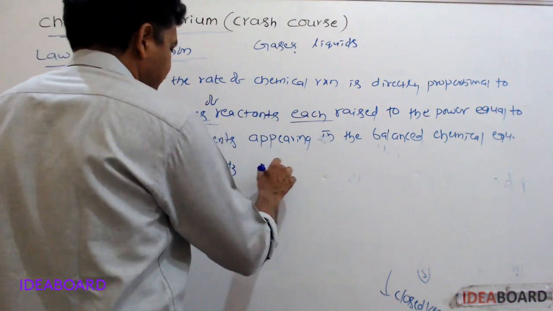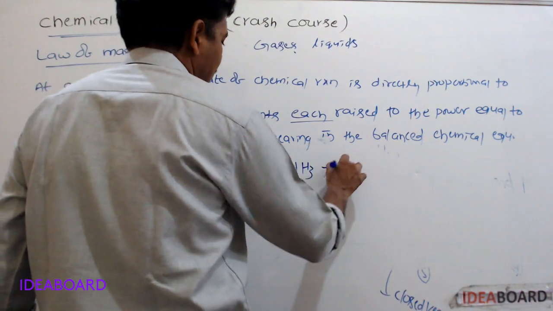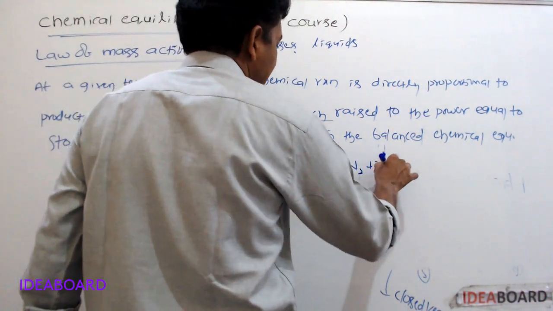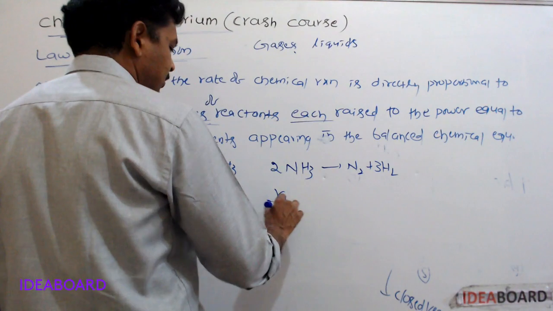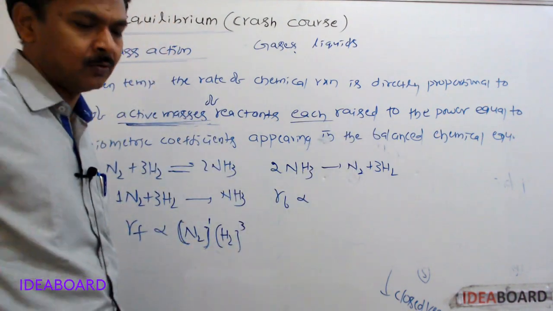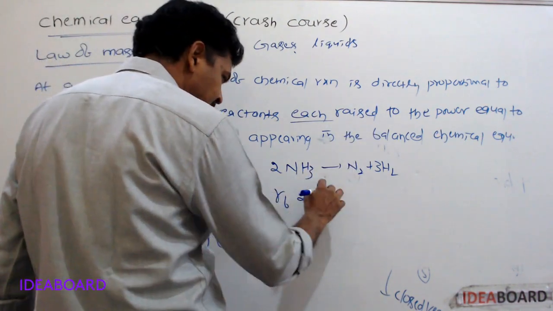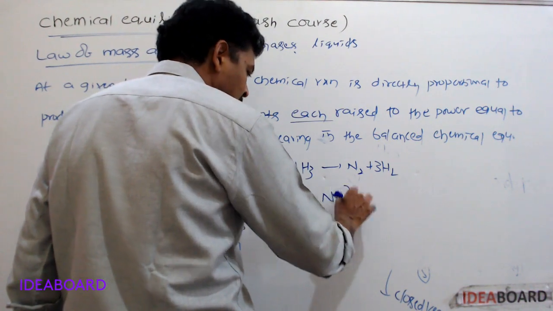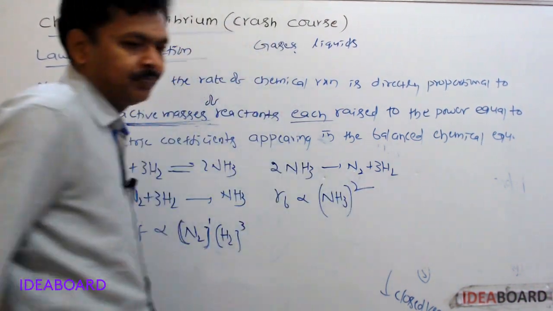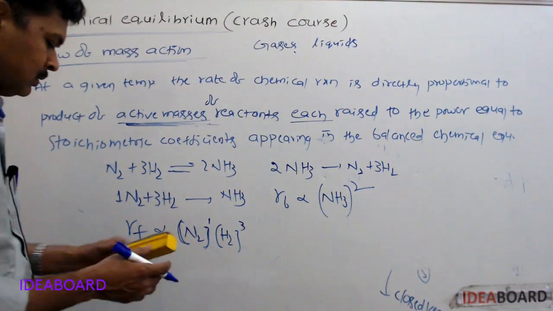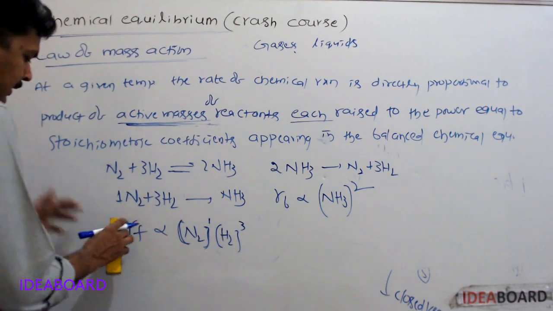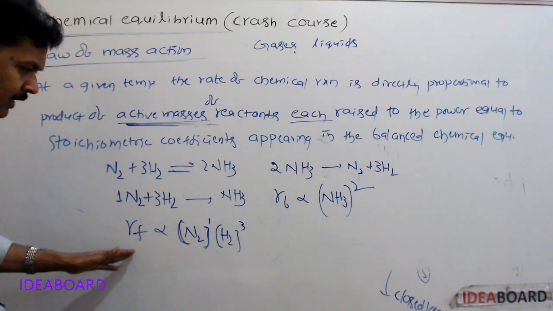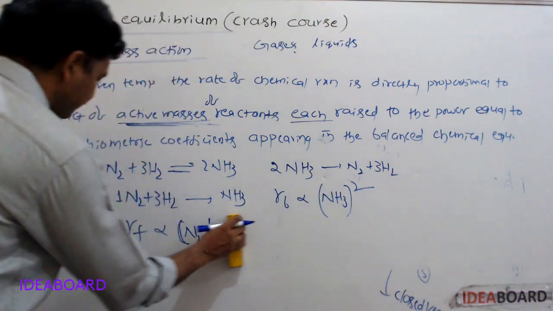If we take backward reaction, 2NH3 gives rise to N2 plus 3H2. Rate of backward reaction is directly proportional to ammonia concentration square. Suppose this is RF, means rate of forward reaction, this is rate of backward reaction.